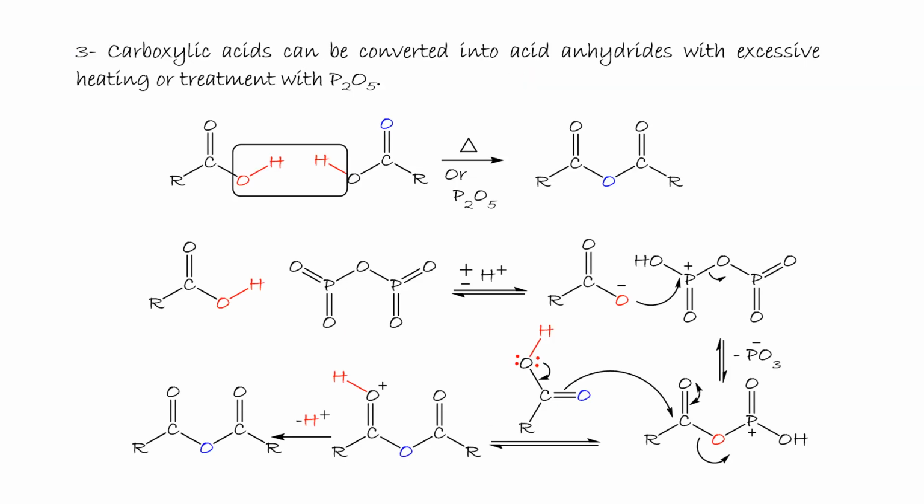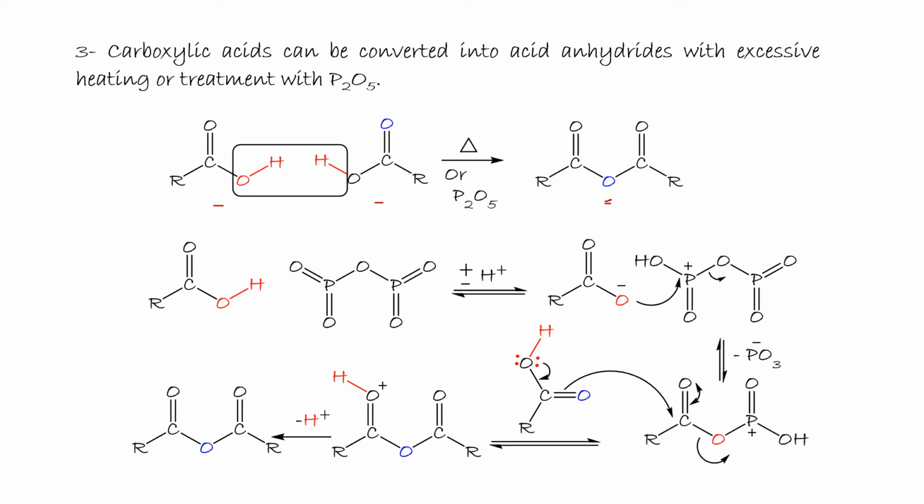Carboxylic acids can be converted into acid anhydrides with excessive heating or treatment with phosphorus pentoxide. Two molecules of acid, with the loss of water, give acid anhydride.